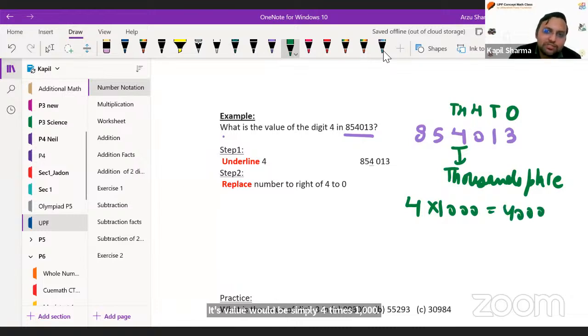A simple trick here is to replace all the numbers to the right of 4 with zeros. You can replace 0 with 0, you can replace this 1 with 0 and 3 with 0 to find the value of the digit 4.